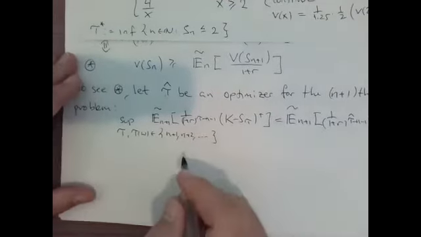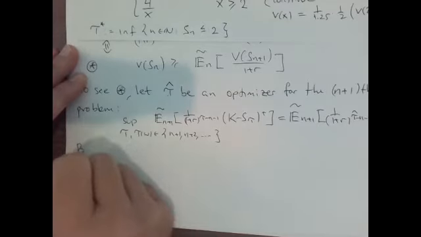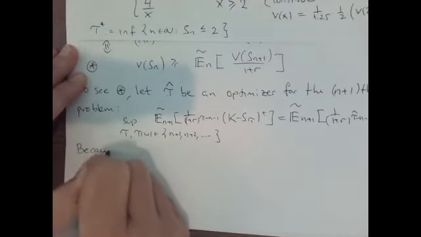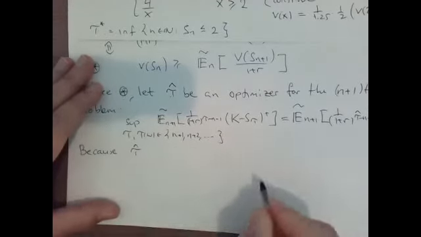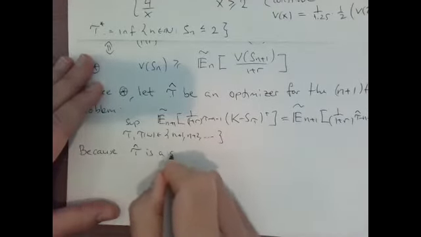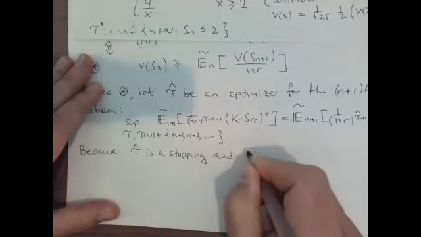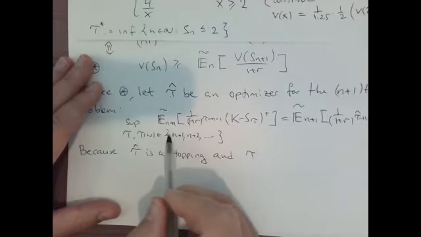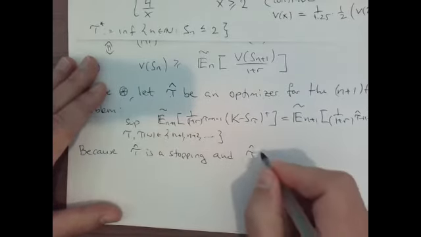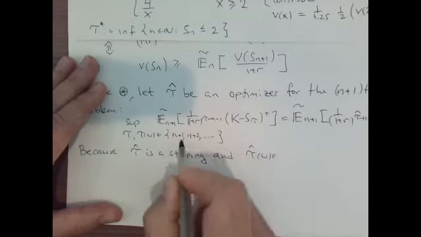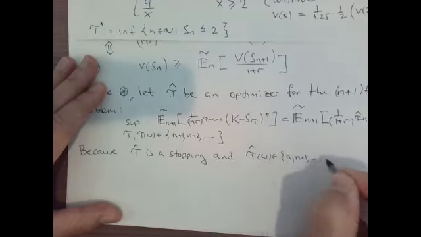Because tau hat is a stopping time, and it's given that tau hat takes values n plus 1, n plus 2, and so on, not only does tau hat of omega belong to this set, but it also belongs to the set of n plus 1, and so on.